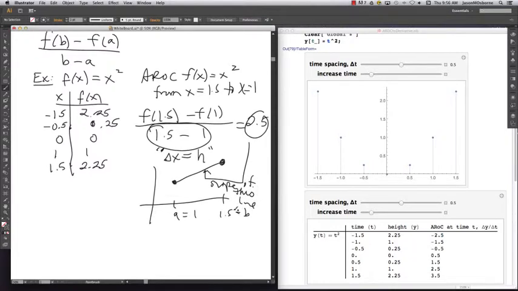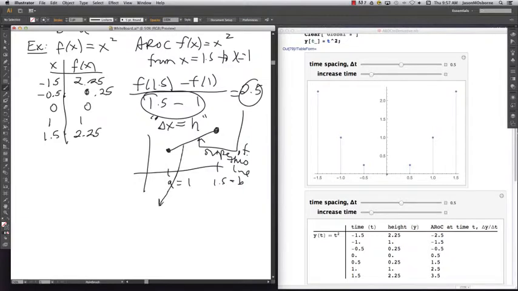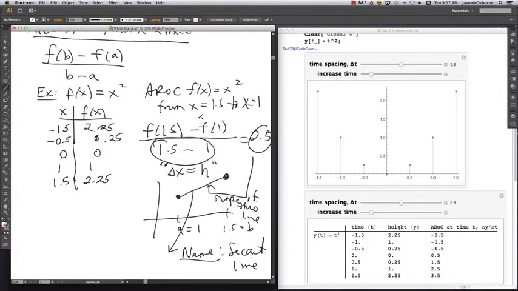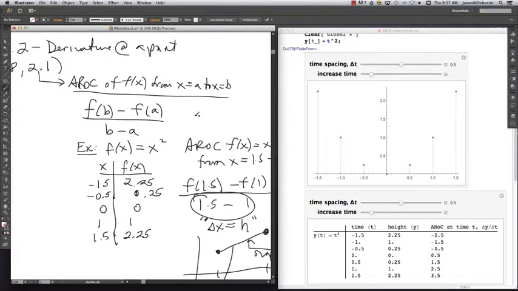This line has a name. It's called the secant line. So the slope of that secant line is 2.5. That's where we've come from: section 2.1 and computing the average rate of change.